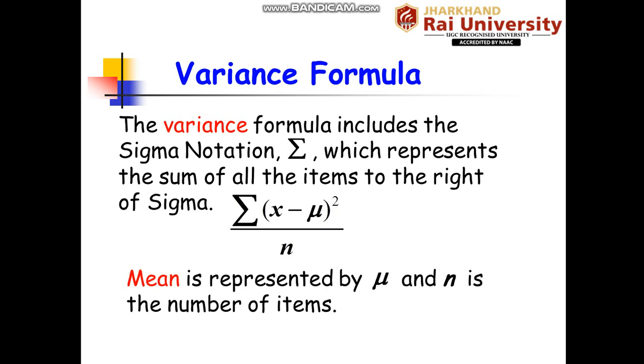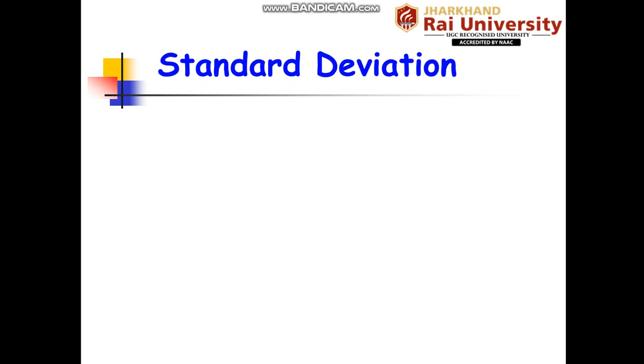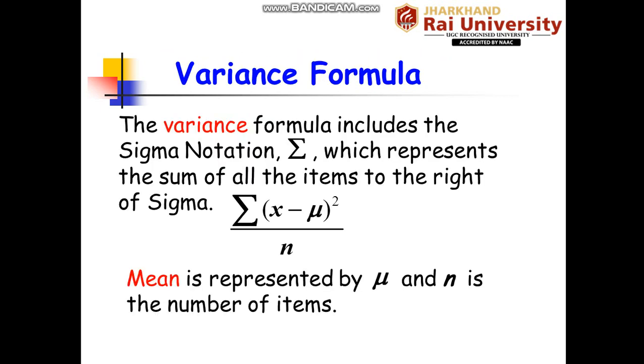So the formula is sigma squared equals the sum of (x minus mu) whole squared, divided by n. Here x is the data, mu is the mean, and n is the number of items. So this is the formula of variance.